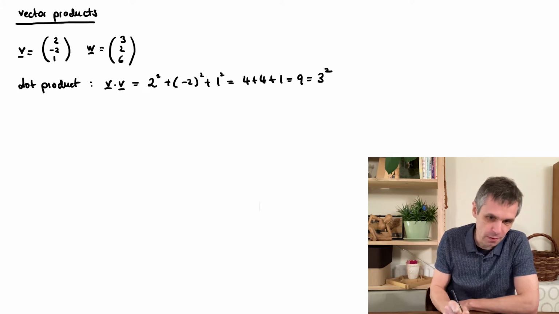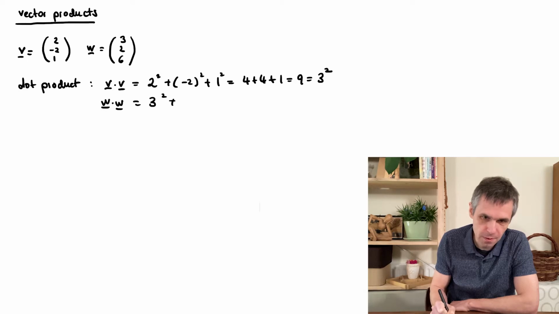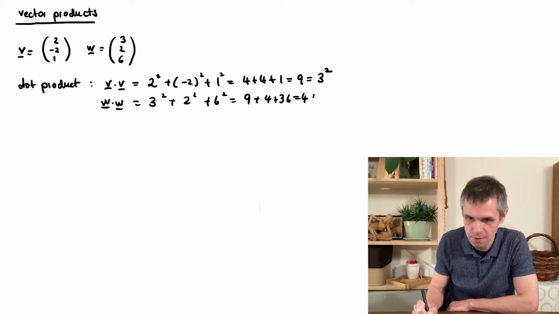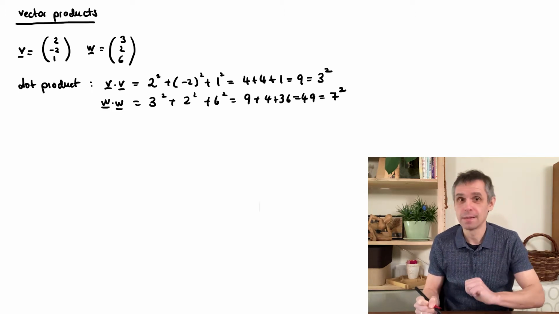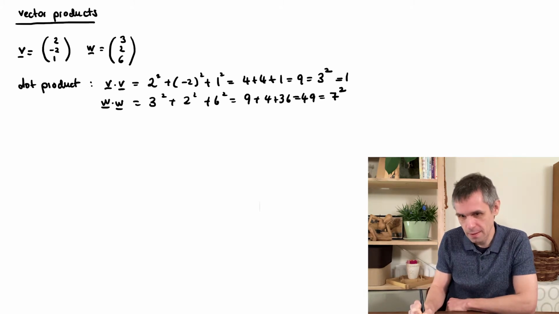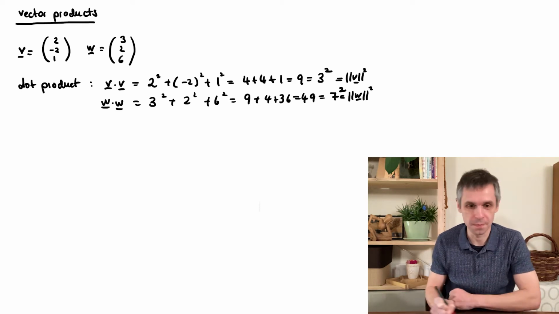And the dot product of w with itself is 3 squared plus 2 squared plus 6 squared, which is 9 plus 4 plus 36, or 49, and therefore 7 squared. And I selected them not completely at random, because this is also the squared length of these vectors. And just for simplicity, I took vectors for which the length is an integer.